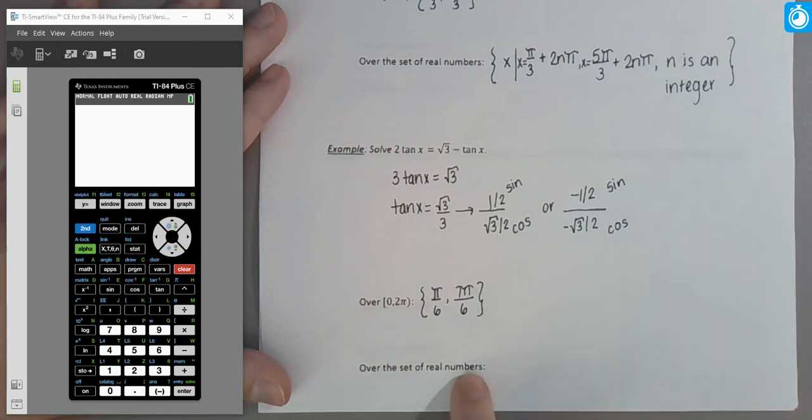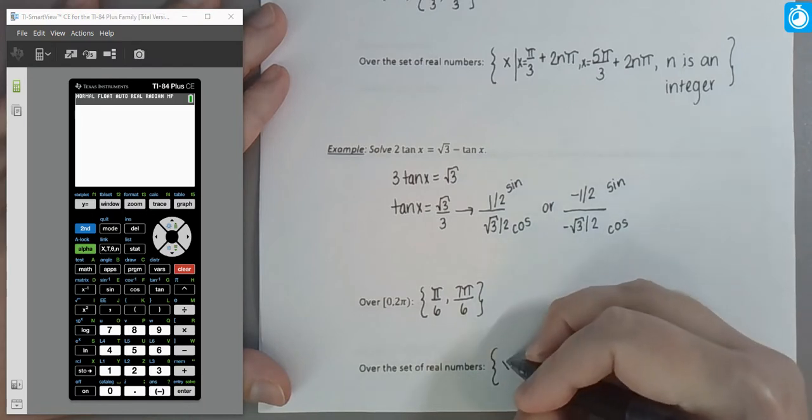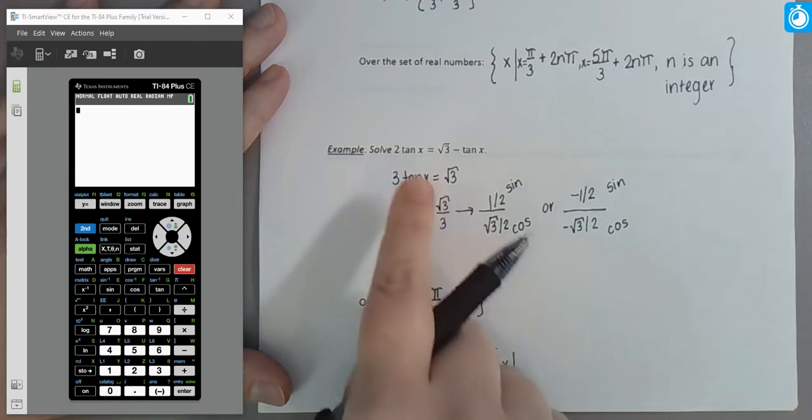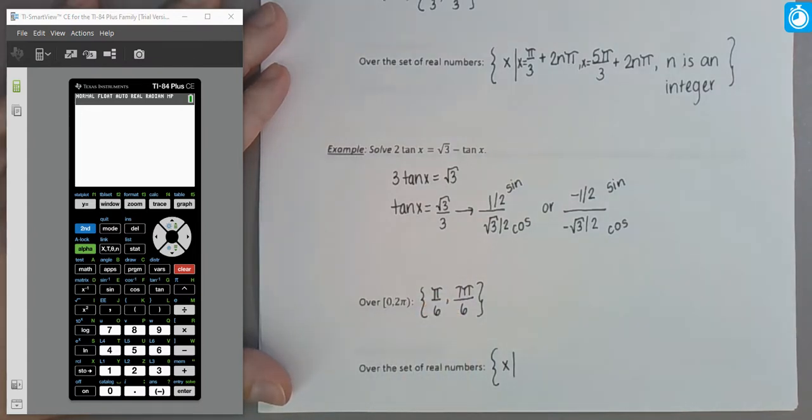Now, over the set of real numbers, we also need to generate other solutions from these two. This is a little bit different than the previous one. We're going to set it up the same way, so all x such that x meets our conditions. But we have to keep in mind, values for tangent repeat not after a full rotation, but after half a rotation, after pi radians.